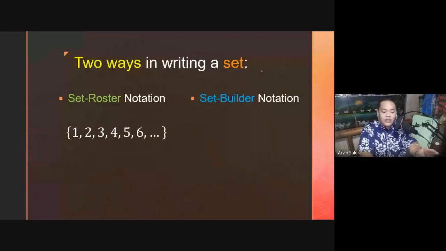The set roster, we just list. The set builder, you have to describe them. X such that X is an element of the natural numbers. This symbol is X, and this symbol is read "such that." This symbol is "element." And then the natural numbers.